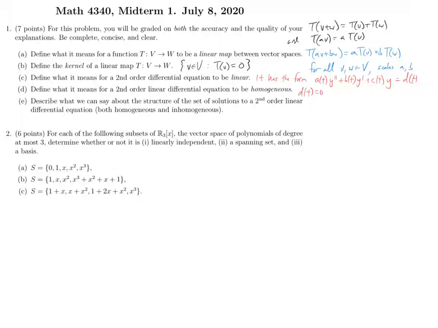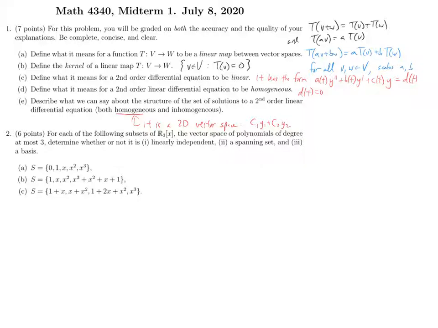What can we say about the structure of the set of solutions to a second order linear differential equation? Let's start with homogeneous first. It is a 2D vector space. Or if you prefer, you can write it in the form C1y1 + C2y2.